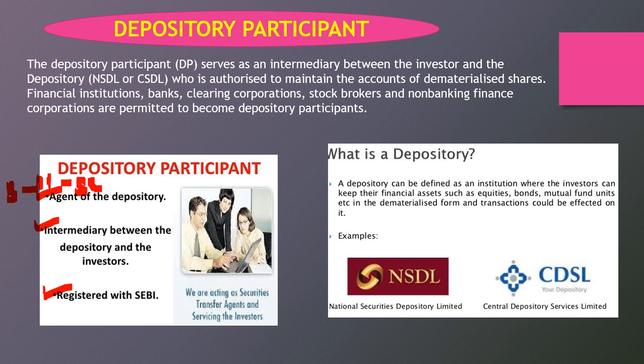So what is happening here? They are an intermediary between the investor and the depository. Depository and depository participant are not very different from each other. It's only that depository participant refers to banks, small banks, and depositories refer to NSDL and CDSL, which are like bigger banks, where they have their registration done with the stock markets.